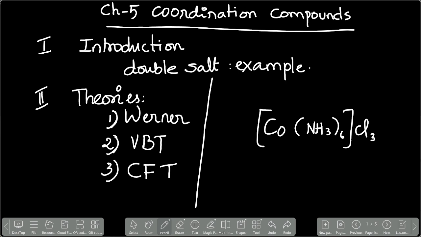In case of secondary valency, it is satisfied by negative ions or neutral molecules, which are called ligands, and they are directional in nature, responsible for coordination number. So these points you have to highlight for the difference between primary valency and secondary valency.